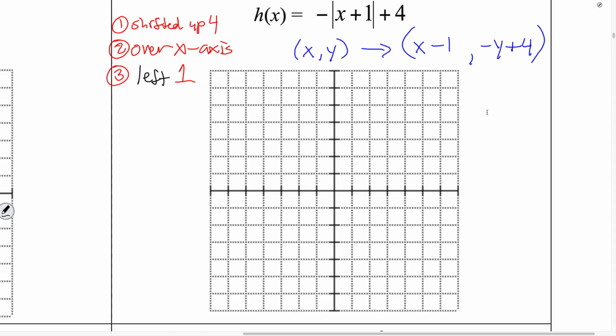Gentlemen, can y'all graph this for me, please? Why would it be plus 4 instead of minus 4 to the negative y? Well, let's wait till they graph it and let's see what happens. You can't put your hand on the screen. It will freak out.